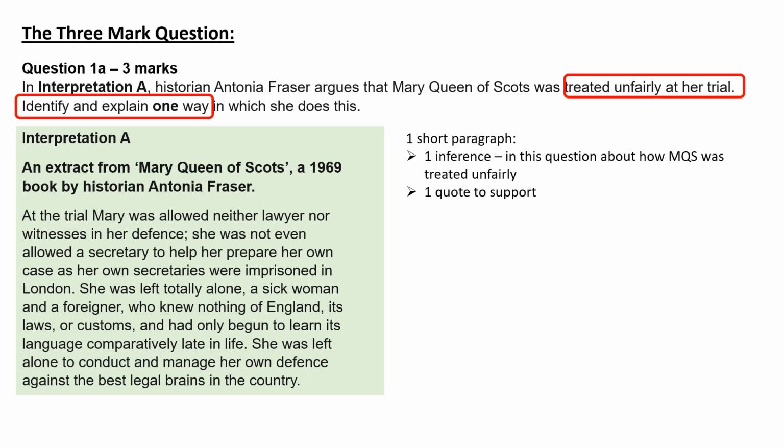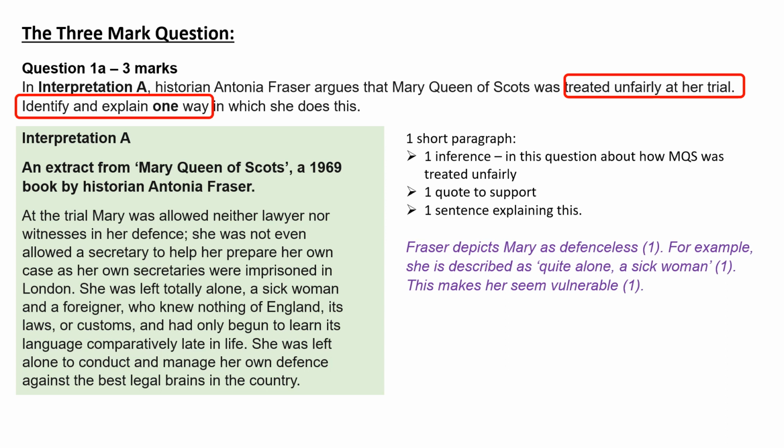You would need a quote to support your inference for your 2nd mark, and then one sentence to explain this for your 3rd mark. So if you have a look at a couple of examples, you'll hopefully see that this is quite a simple response to write, and the exam board aren't expecting too much of you here.